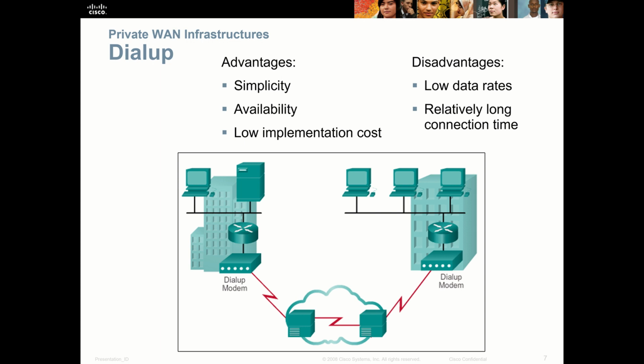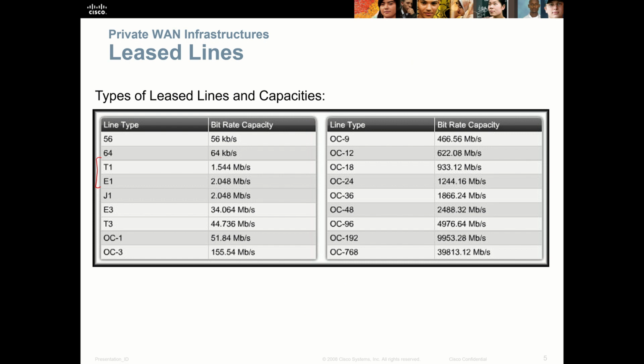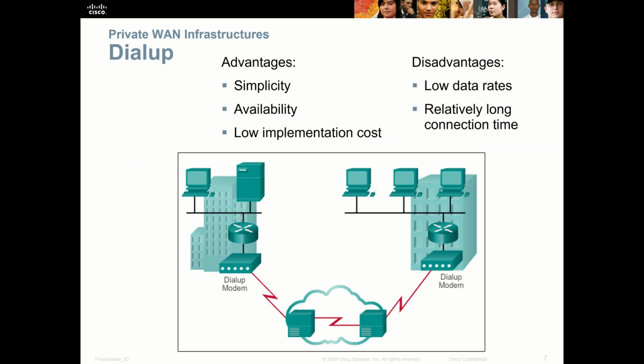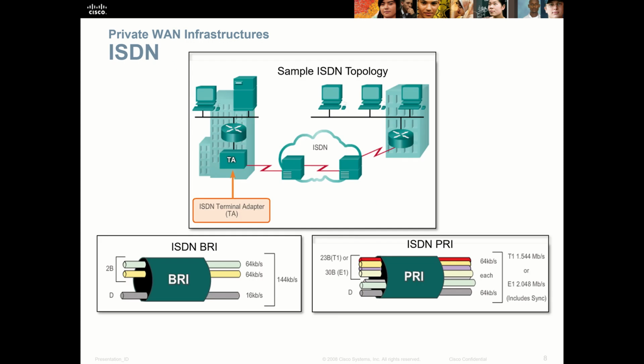The speed is really slow, like I have shown earlier, 56 and 64 kilobit per second. These are the advantages and disadvantages of it. You can read it on your own.